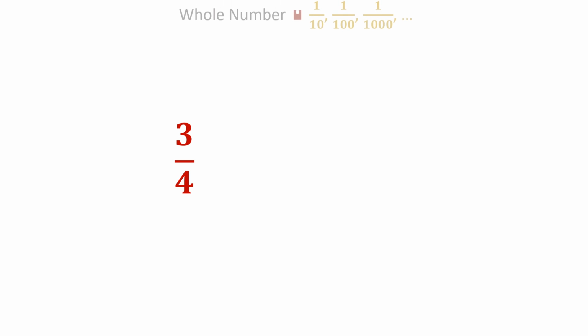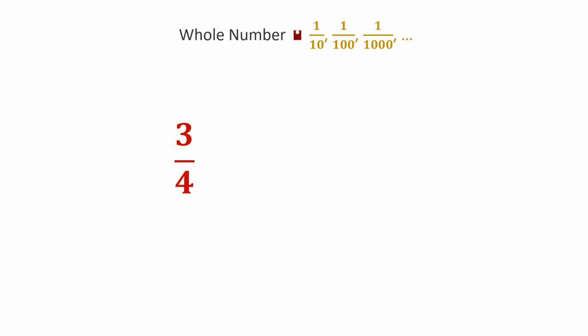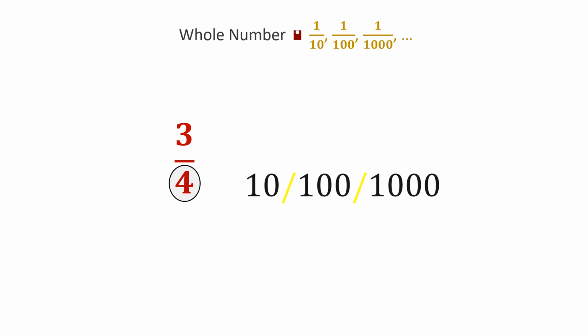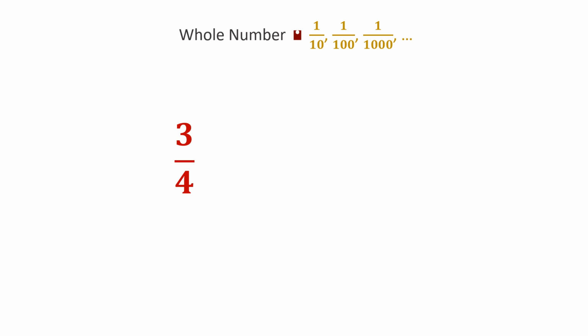Now, let us try with another example. 3 by 4. As we see, the denominator is not a power of 10. How do you solve these types of questions? If the denominator is not a power of 10, you need to multiply some number to the denominator which would make it 10, 100 or 1000.